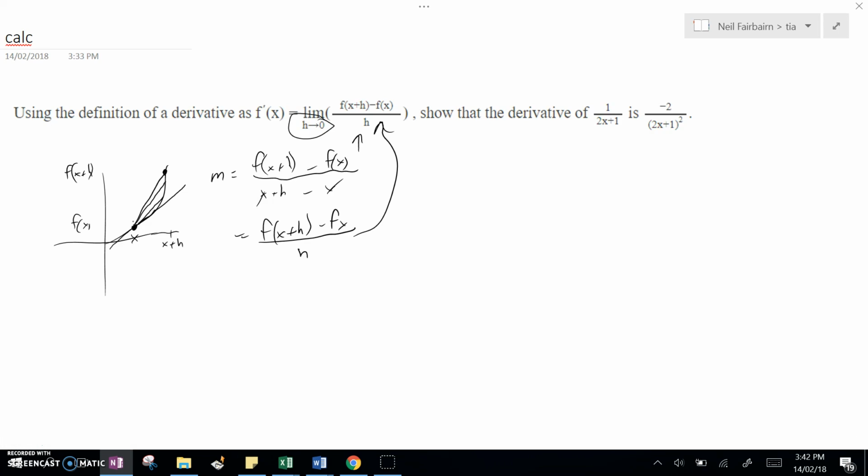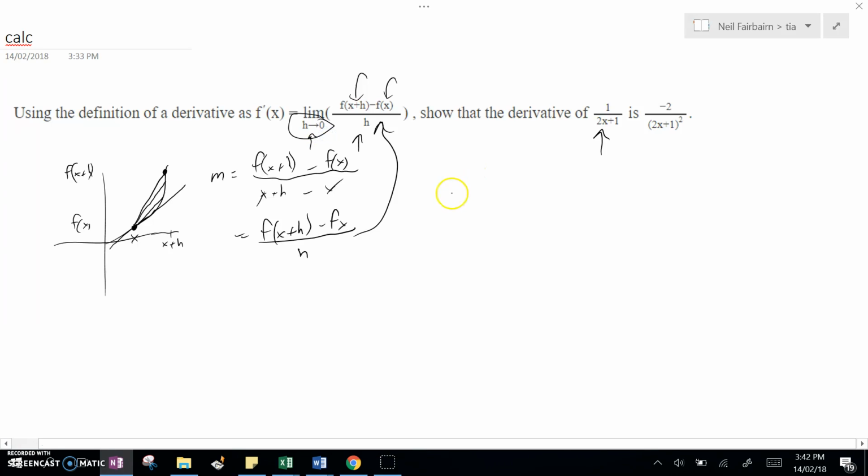So, using first principles, they want you to find the derivative of 1 over 2x plus 1. So what you do is you substitute x plus h into the formula, and then subtract f of x, and divide it by h, and then show what you get left when the limit as h approaches 0.